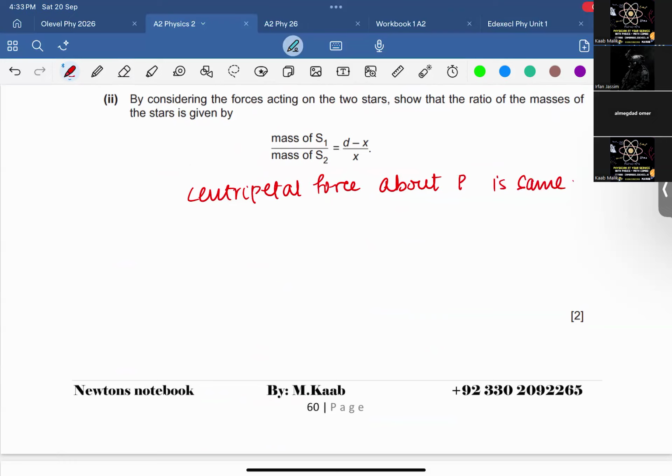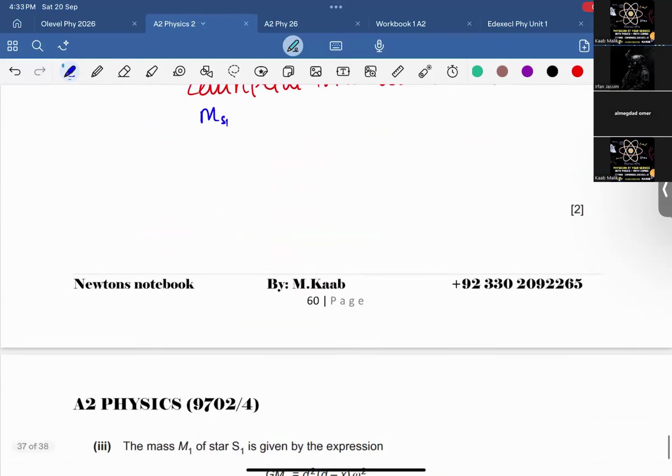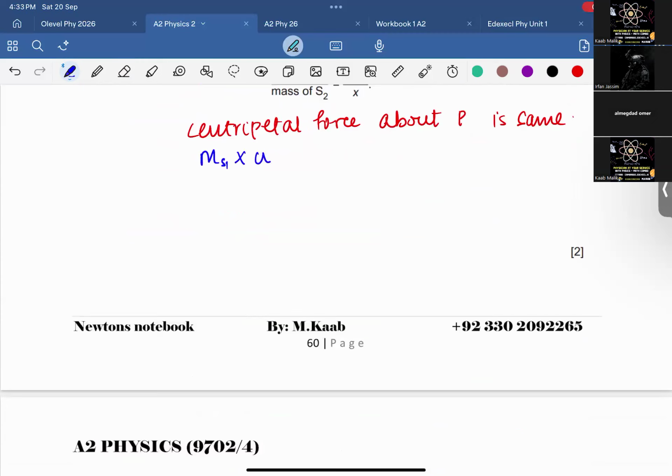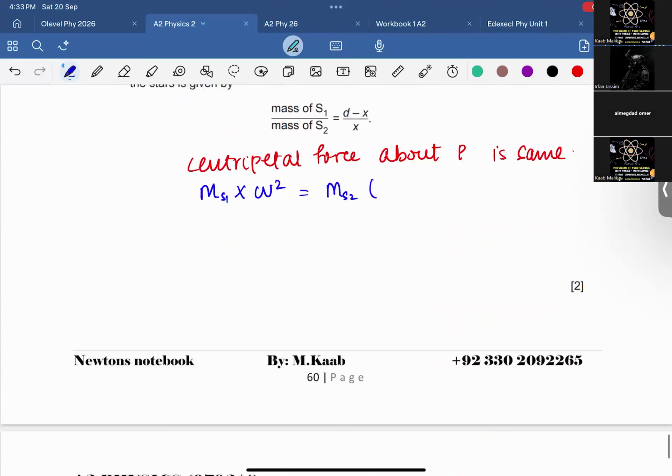So for both the stars, we can take centripetal: m of S1, and then r, the separation, is X. For S1 it is X, and then omega squared, is equal to m of S2, and its distance is going to be D minus X. So D minus X and then omega squared, right?